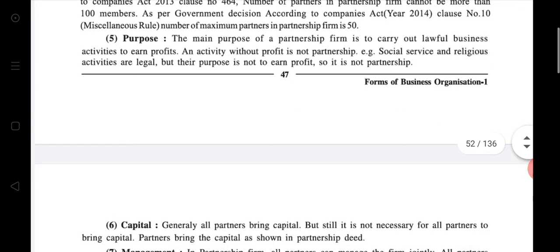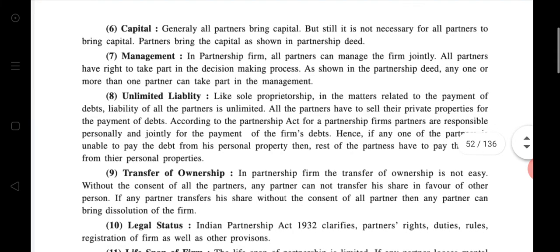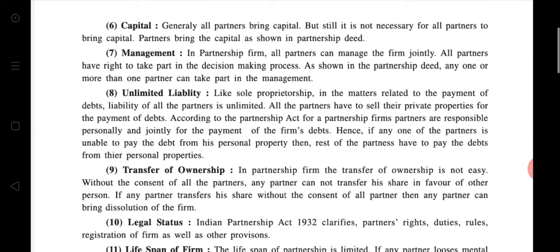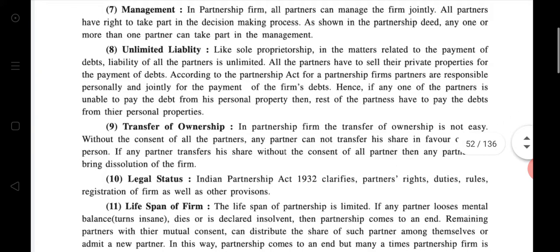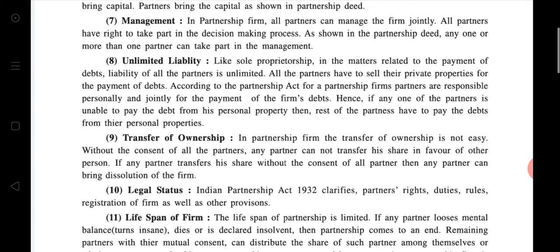Then the purpose is doing a lawful business to earn profit. Then capital: generally all the partners bring capital, but it is not necessary for all partners to bring capital. Then management: all the partners can manage jointly, and unlimited liability as in a sole proprietorship.